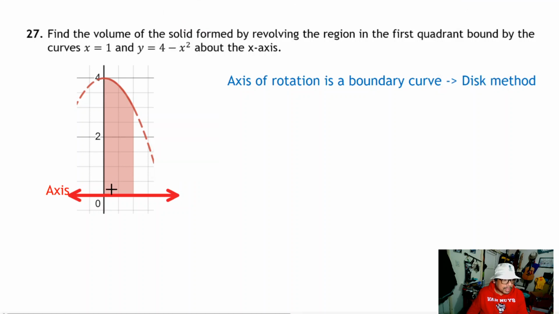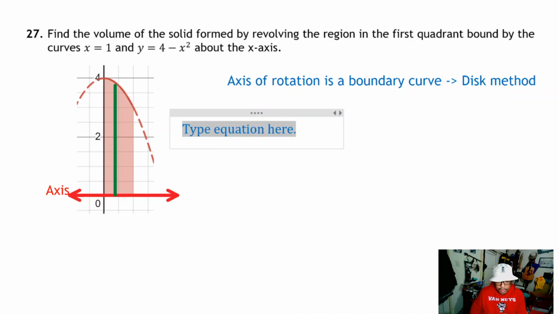So our radius is going to, and I'm just going to pick anywhere in the middle of this shape, doesn't matter where, go from the axis of rotation up to the curve. Okay, so that's our radius right there. I'm going to use big R, and the radius is going to be the difference between the y-coordinate at the top and the y-coordinate at the bottom.